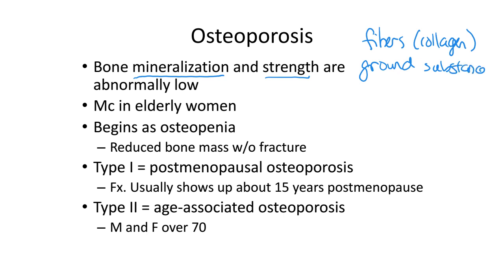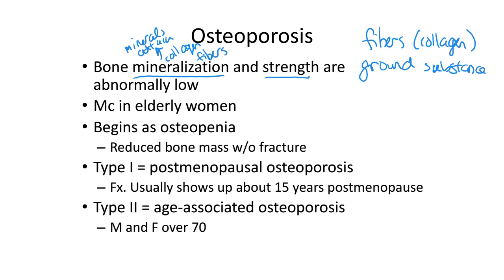Those collagen fibers in themselves inherently are not super strong. They're actually super duper flexible. Okay? And what makes them strong and what we think of as bone is when they are mineralized. So when those minerals attach to those collagen fibers, that's going to bring that extra strength into that bone.